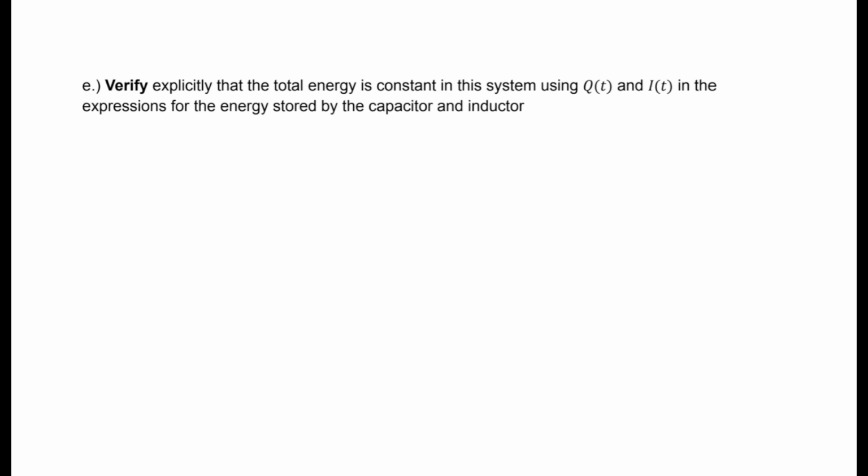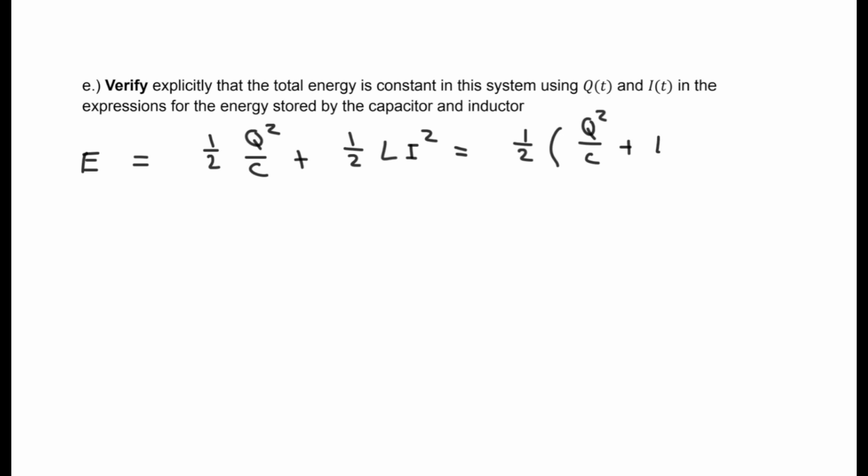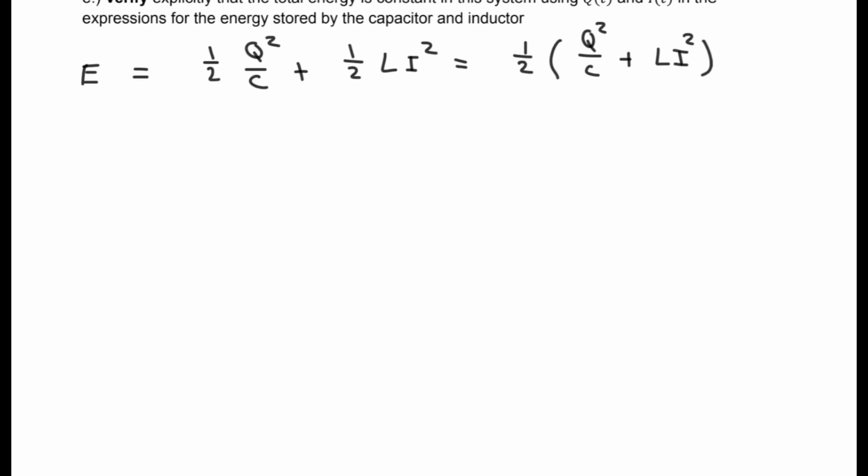So we said that the energy in this system is equal to 1 half q squared over C plus 1 half L i squared, which can be written as 1 half times the quantity q squared over C plus L times i squared, just so we don't have to mess with that 1 half. So now we're just going to plug in our expressions for both the capacitor and inductor energy.